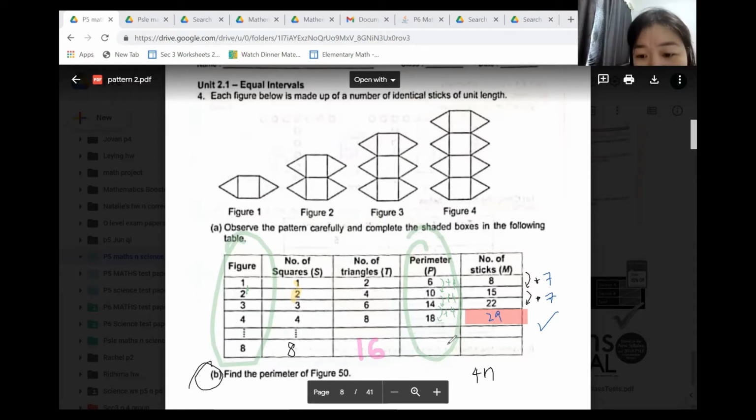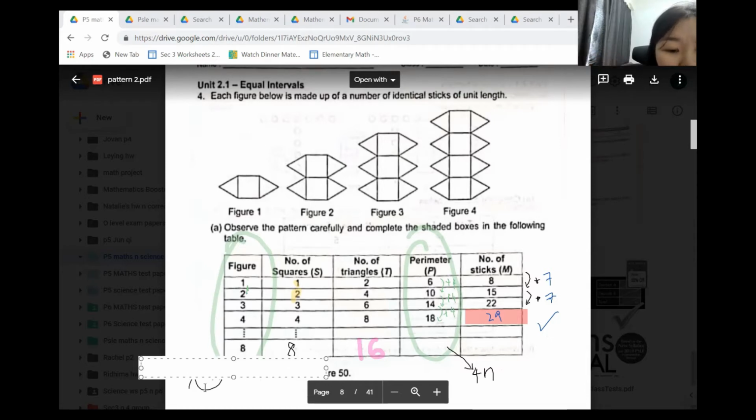So for this one, you can see that the change is constant, 4, 4, 4. So as long as you have a constant change, I can straight away link it with the n term. The n term normally means we let the figure number be n. So when we do an n term, let me create some space for myself.